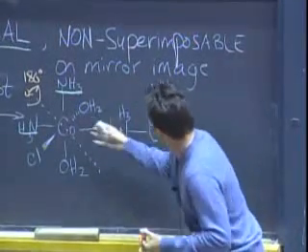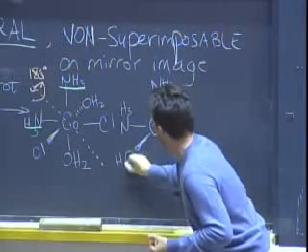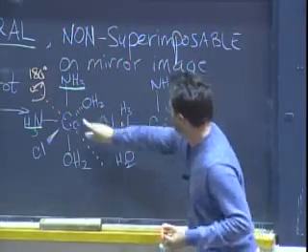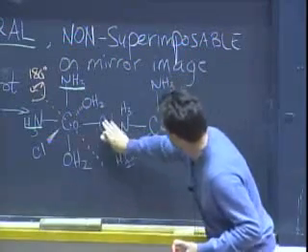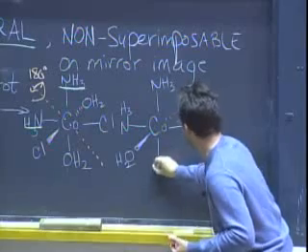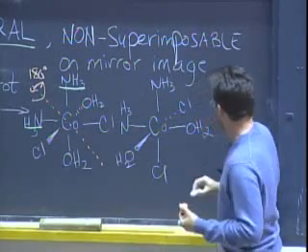And rotating around that axis brings a water out front here and puts a chloride in back, and it swaps this chloride with that water molecule. So we now have chloride down and OH2 over here.